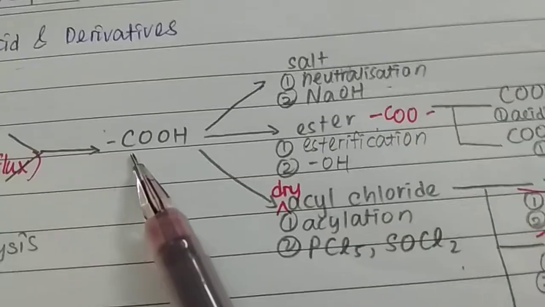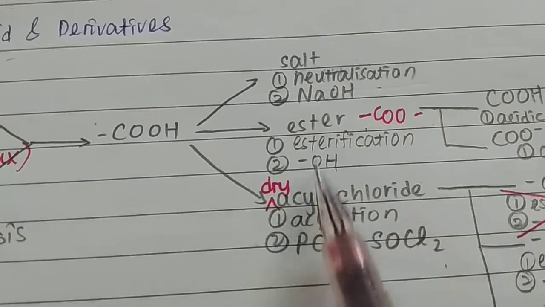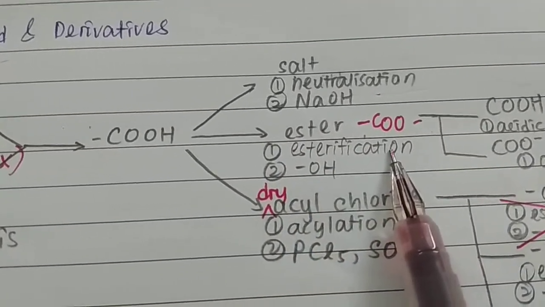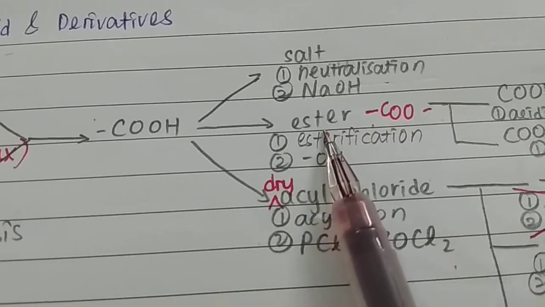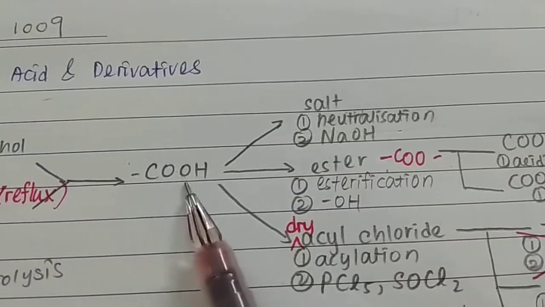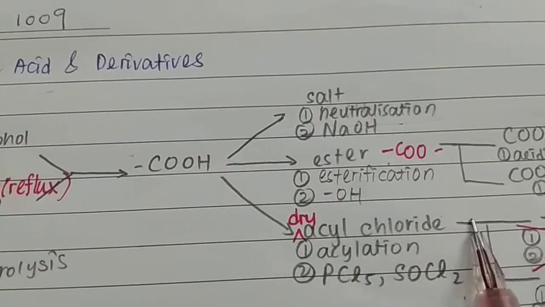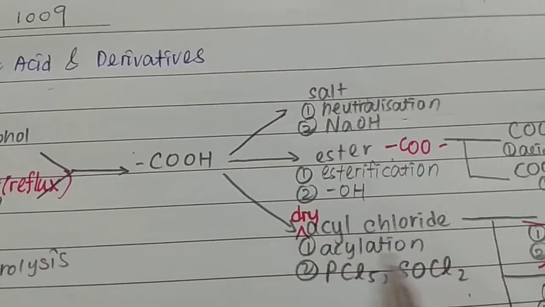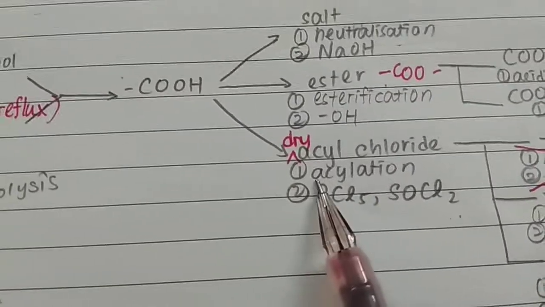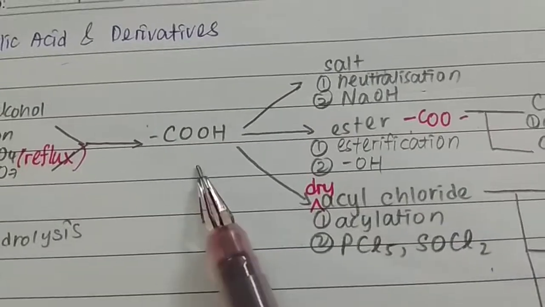And carboxylic acid will react with alcohol through esterification to give ester. And the arrangement of ester is COO. Number 3, we will have carboxylic acid to form acyl chloride. And this process is called acylation. How does this react?